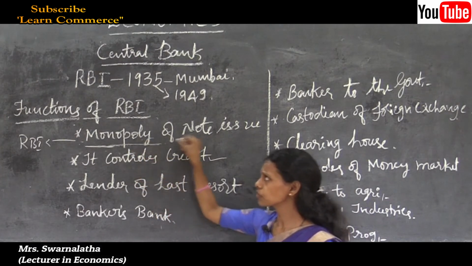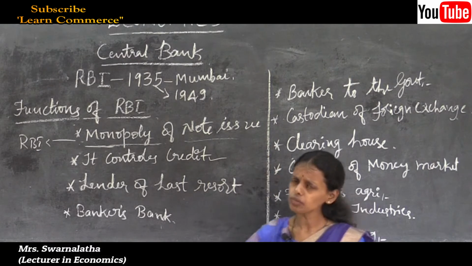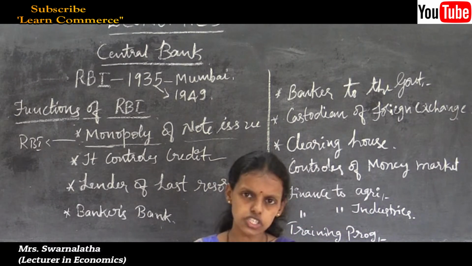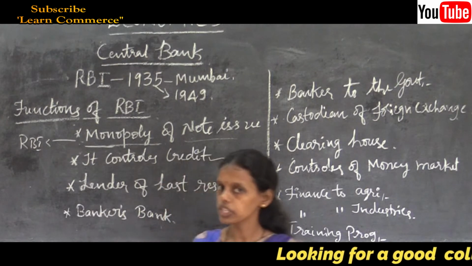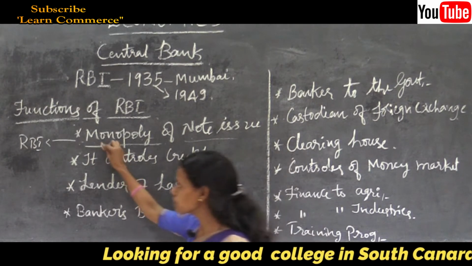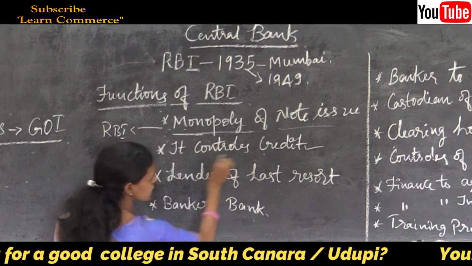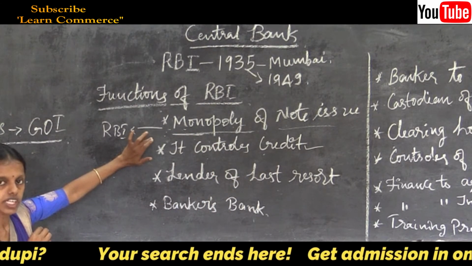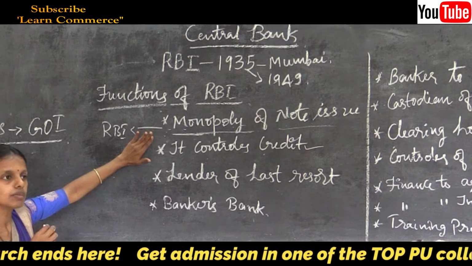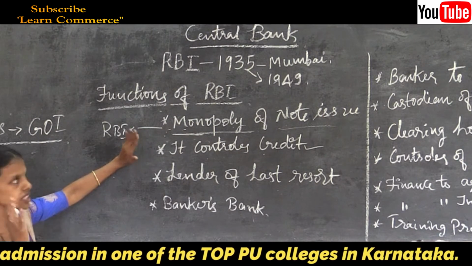So, that is the monopoly of note issue I mentioned. While printing currency notes, is it easy to print them? No, there is a certain way to print currency notes. While printing these notes, to control the credit in the economy, the Reserve Bank of India should keep a certain amount of gold in the form of reserve.